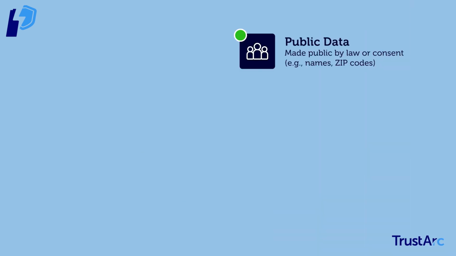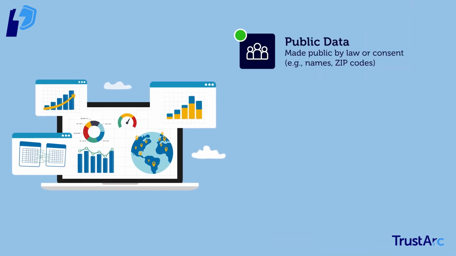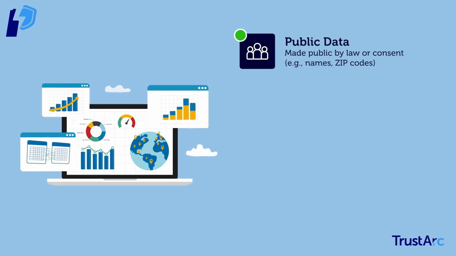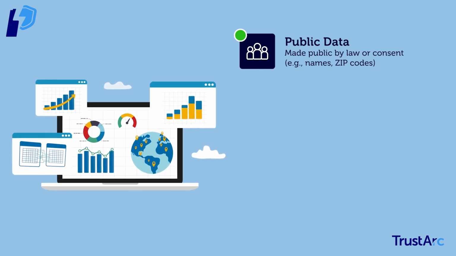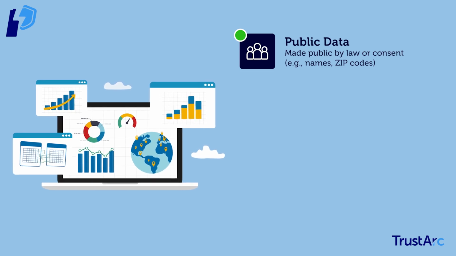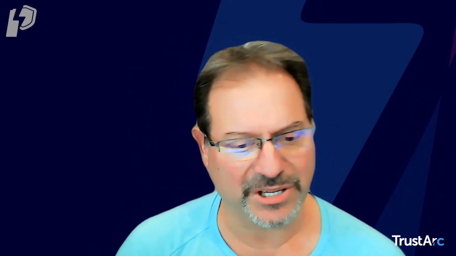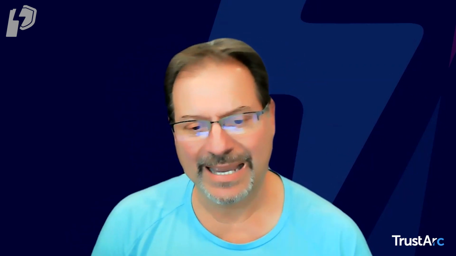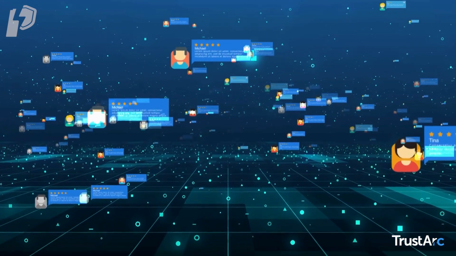Public data would then be any data that has been expressly made public through public reporting, disclosures required by law or regulation, or expressly authorized by the individual or organization to whom these data relate. So think about public data here being information that's online, right?